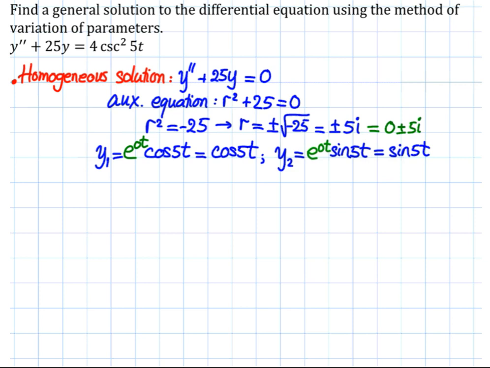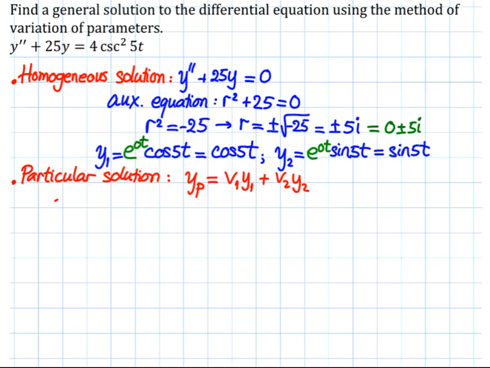Next, we will find a particular solution. For variation of parameters, the particular solution will be equal to v1 y1 plus v2 y2, where v1 and v2 are solutions to the system of equations.